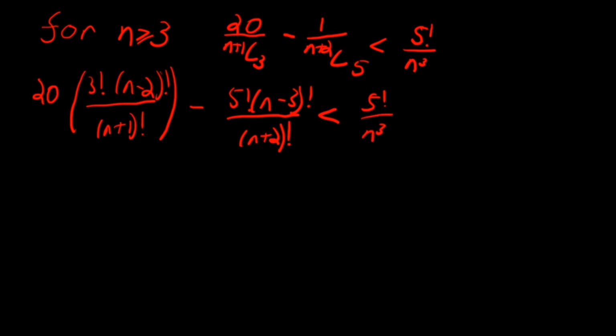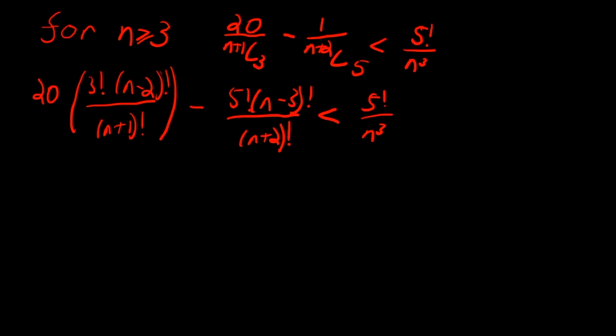So what I first noticed was that the denominators of the two fractions on the left hand side were very close to each other, and so what I did first was combine the two fractions. So we can multiply the leftmost fraction by n plus 2 on its numerator and denominator, so that its denominator has a value of (n plus 2) factorial, and then we can combine the two fractions.